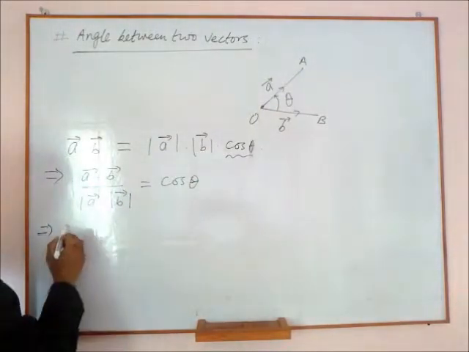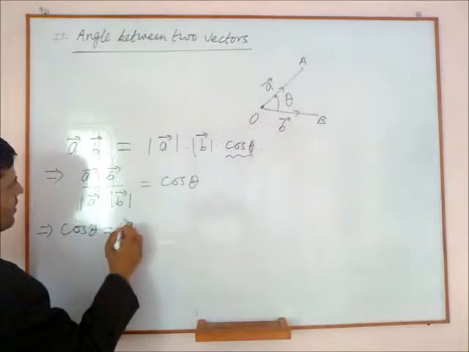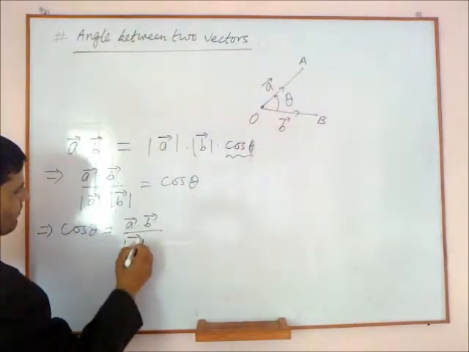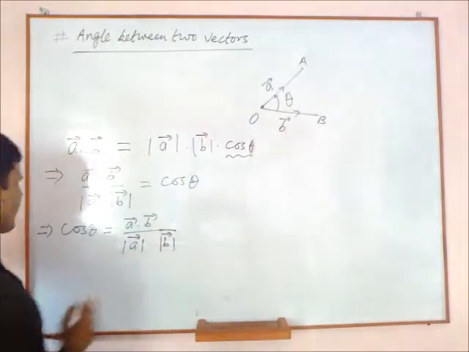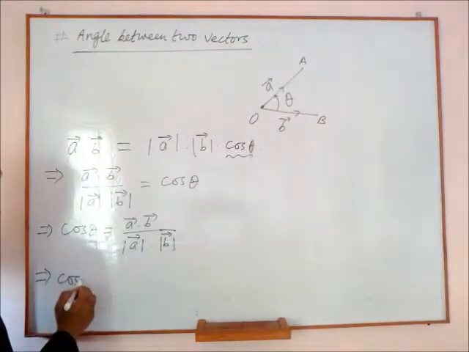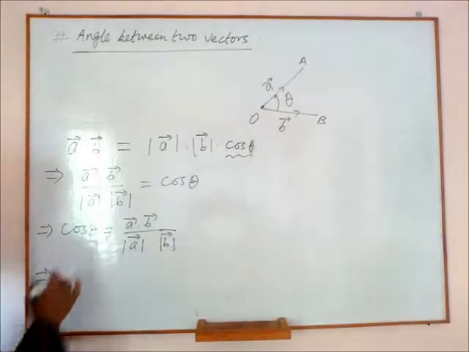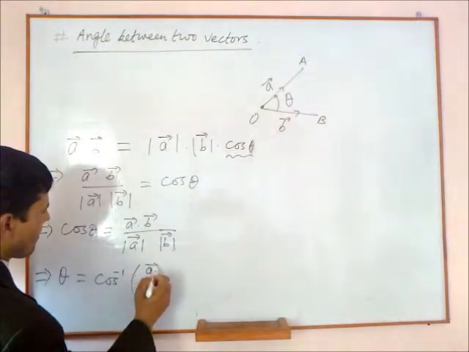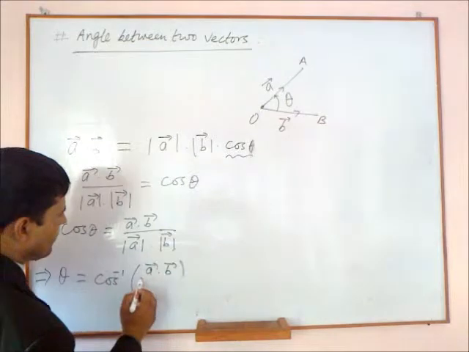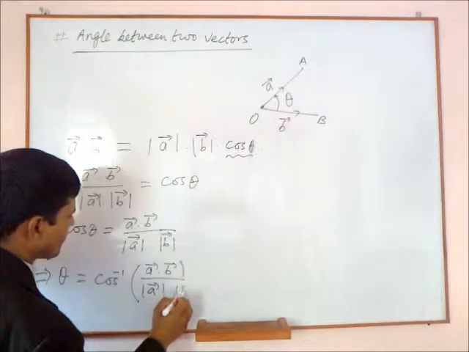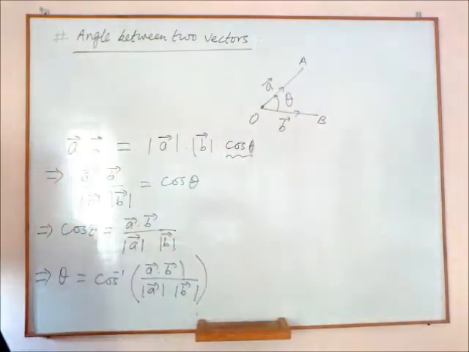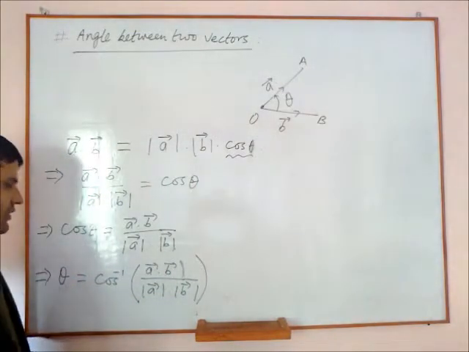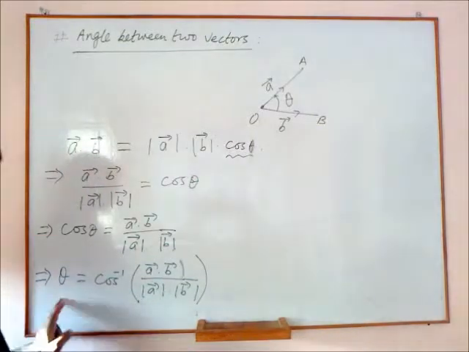This implies that cos theta equals A dot B divided by mod A times mod B. This implies that theta equals cos inverse of A dot B divided by mod A times mod B. So if we need to find out the angle between two vectors when the vectors are already given, we can use this formula.